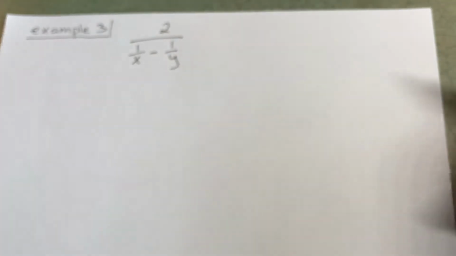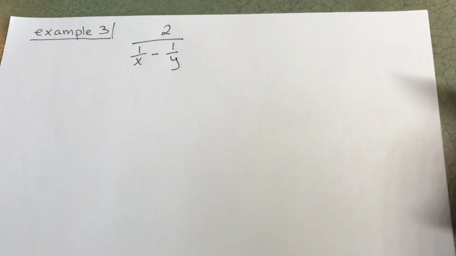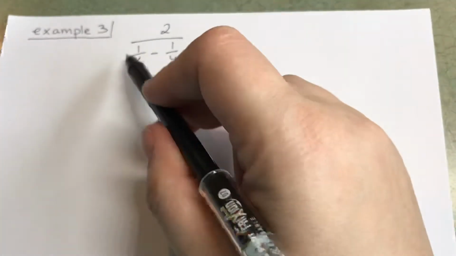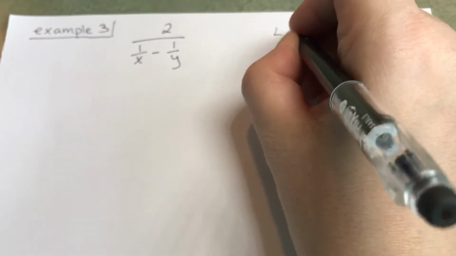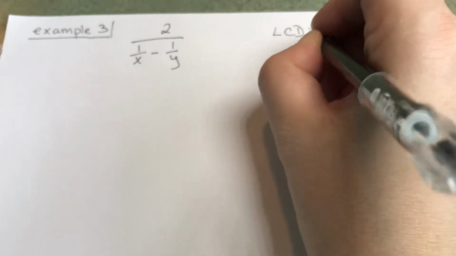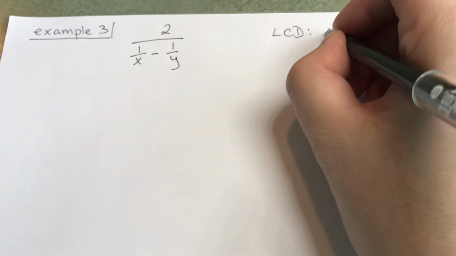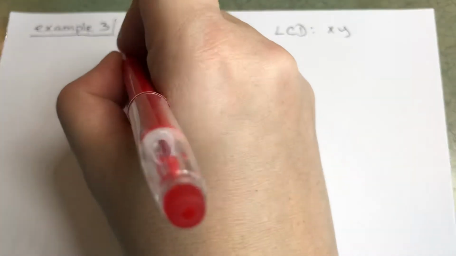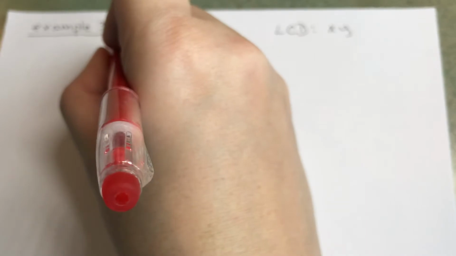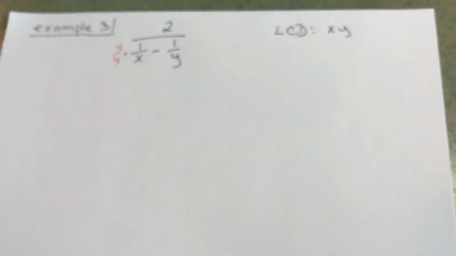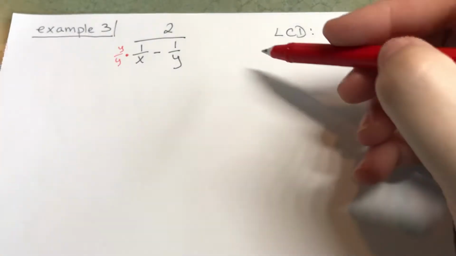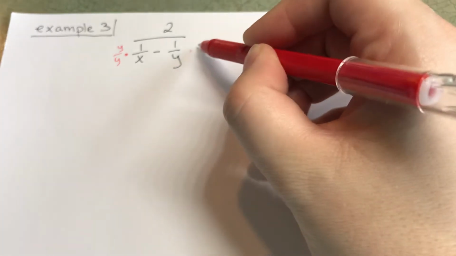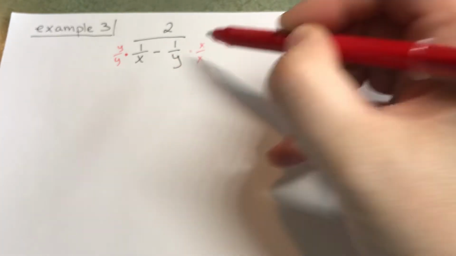And so we're going to add the denominators together. My least common denominator for these two denominators is xy. So I need to multiply this by y over y, and this one by x over x.